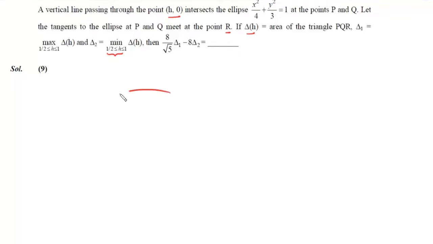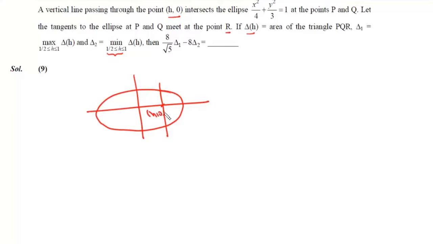So we have this ellipse, and then there is a vertical line passing through this point which is h, 0, and this line intersects this ellipse at P and Q. Now for P and Q both, the x coordinate will be h, and if we put x as h, then we can write y square as 3 into 1 minus x square by 4.